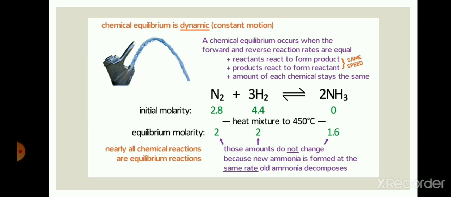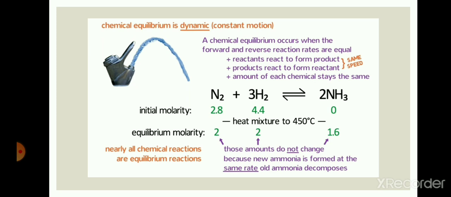Likewise, the rate of the reverse reaction is another rate constant times the molarity of ammonia squared. Remember that at equilibrium, the forward and reverse reactions occur at the same rate. So these two expressions are equal.